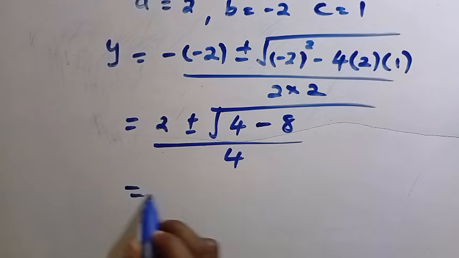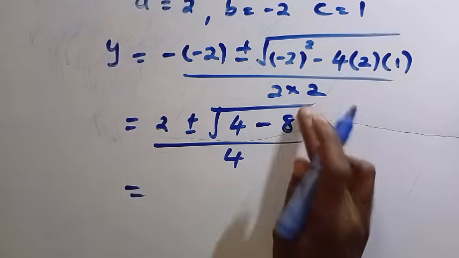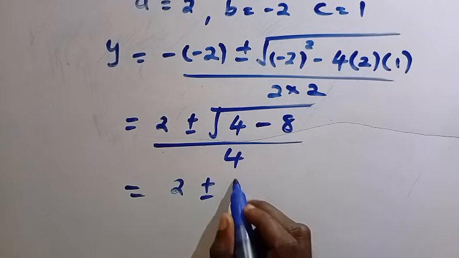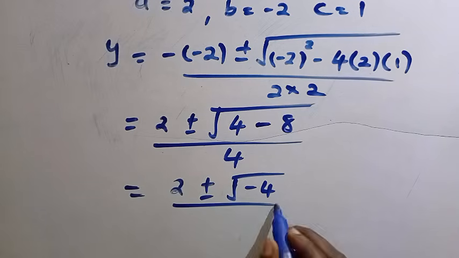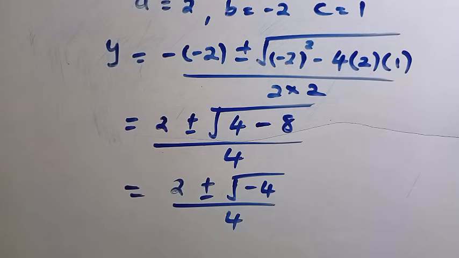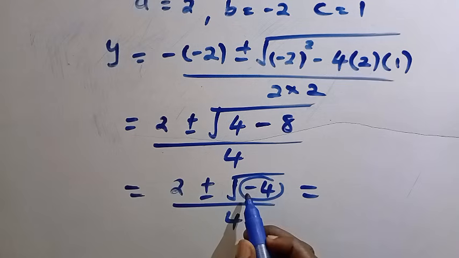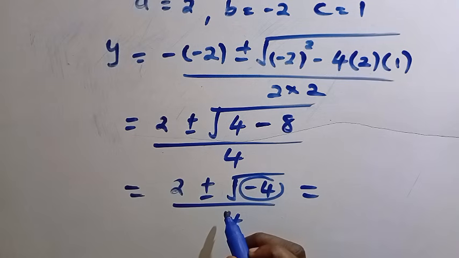After knowing this, it's very easy to simplify. We have 2 plus or minus the square root of 4 minus 8, it gives us minus 4, all divided by 4. And this is a negative in a root. Anytime we have a negative in the root, it gives us a complex number.